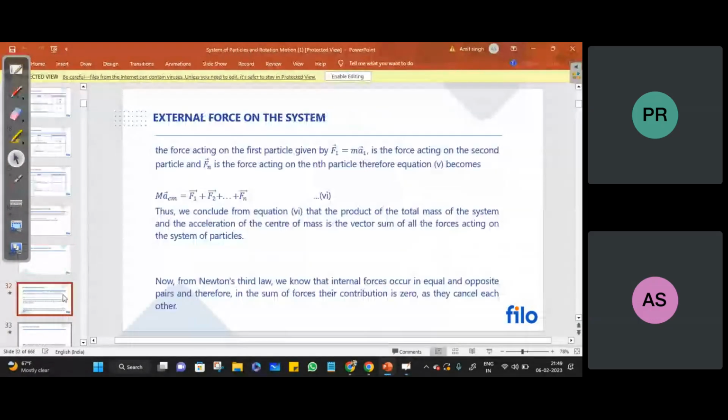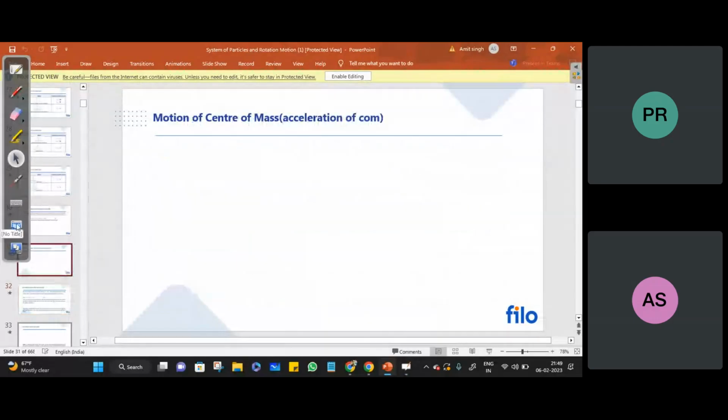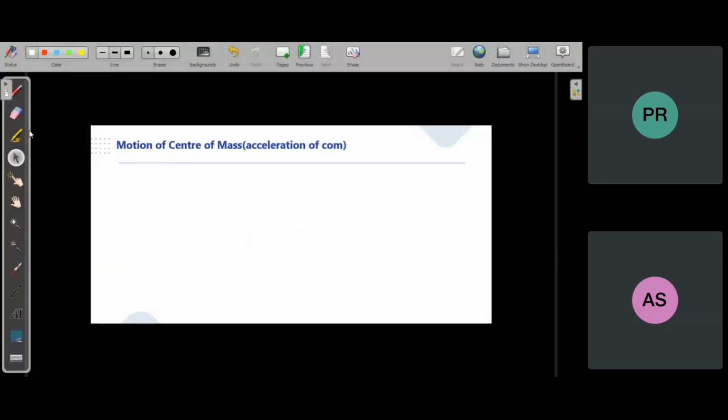Now again, exactly the same result for the acceleration. For acceleration, what will you do? Again, the velocity expression you will differentiate. When you differentiate the velocity equation, you will get the acceleration equation. So acceleration of center of mass will be dv by dt of center of mass.